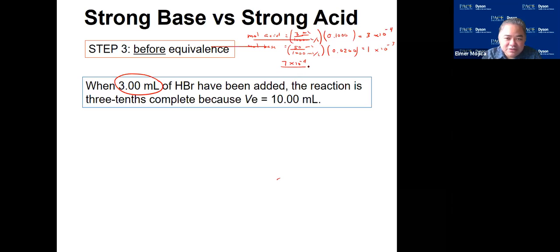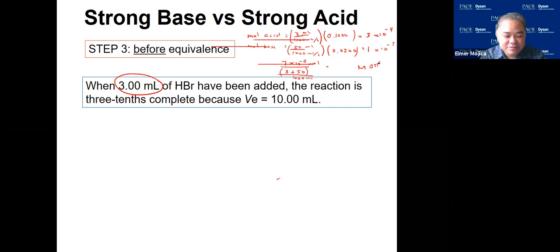And then you divide it by the total volume. So this is moles. The total volume that you have then will be what? 3 plus 50, and then you divide it by 1,000. So you have there the corresponding molarity of your hydroxide.